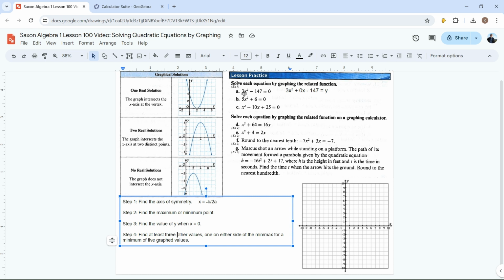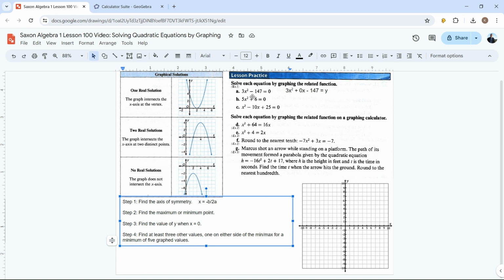If I plug in 1, what happens? 3 times 1 squared is 3, so it's going to be negative 144. Still way too far off my graph. Let's plug in 2. 2 squared is 4. 3 times 4 is 12. 12 minus 147 is still going to be really far down. It's almost like negative 130 something, right? So that's way off my graph still.